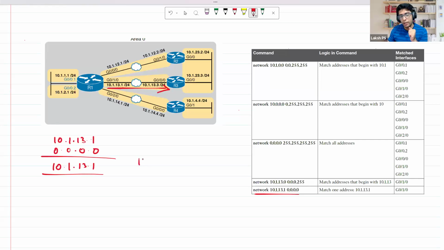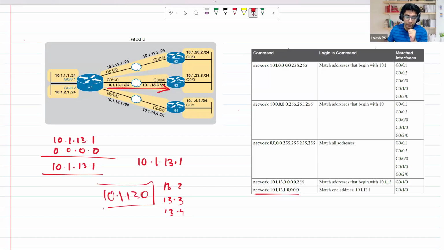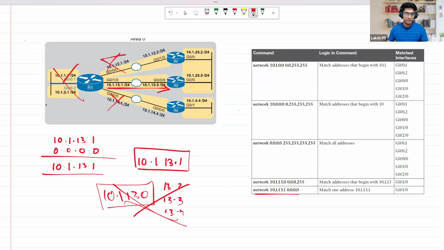And R3 will only know about the 10.1.13.1 IP address. It will not know about 13.2, 13.3, 13.4, or any other IP address in the 10.1.13.0 range. It will only know about this particular IP address. R3 will also not know about these networks. So R3's routing table will be populated with 10.1.13.1 and the exit interface G0/0/0.